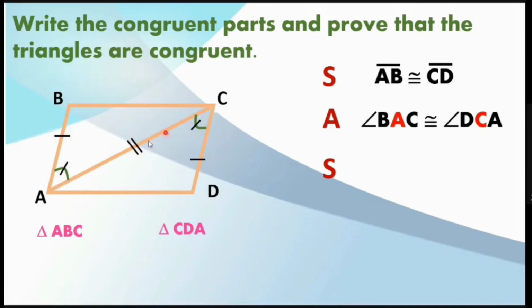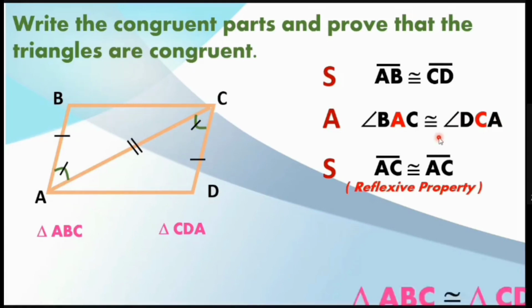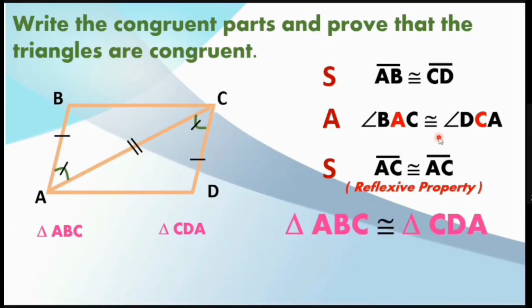or AC is congruent to AC, or side AC is congruent to side AC. So we have here three statements saying that two pairs of sides and a pair of included angles are congruent. Therefore, we can say that triangle ABC is congruent to triangle CDA.